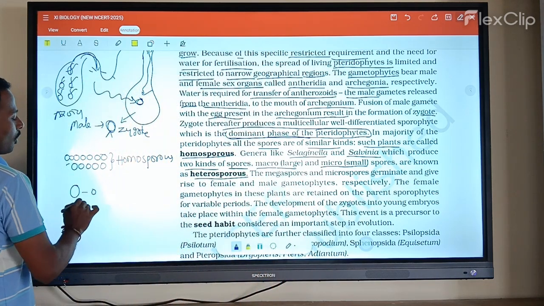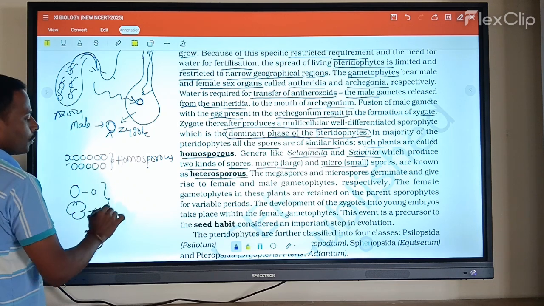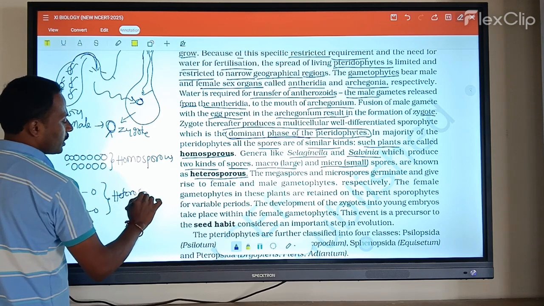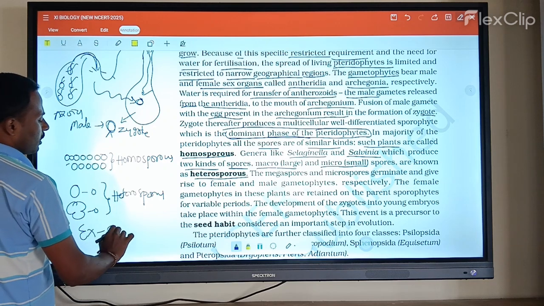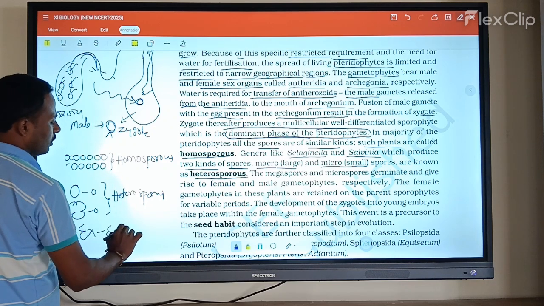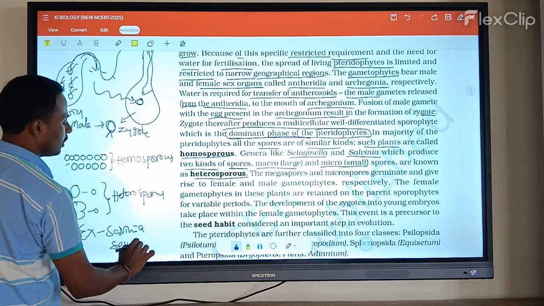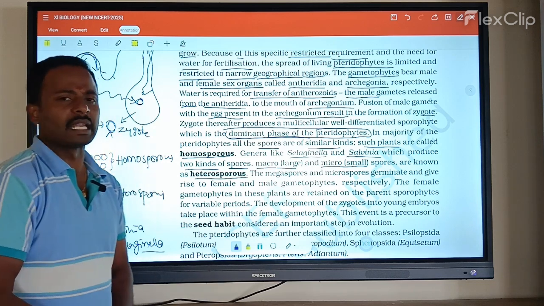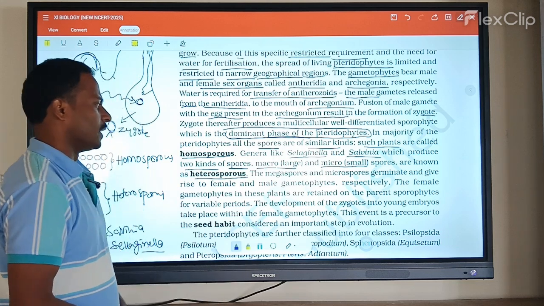Salvinia and Selaginella are the best examples of the heterosporous condition.